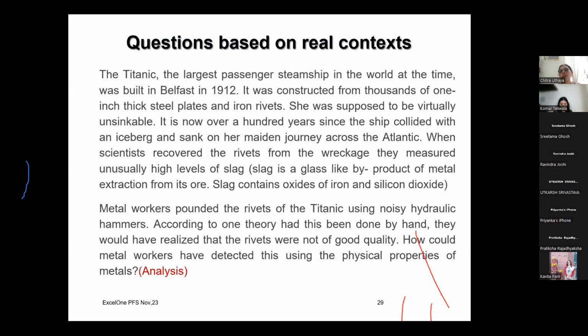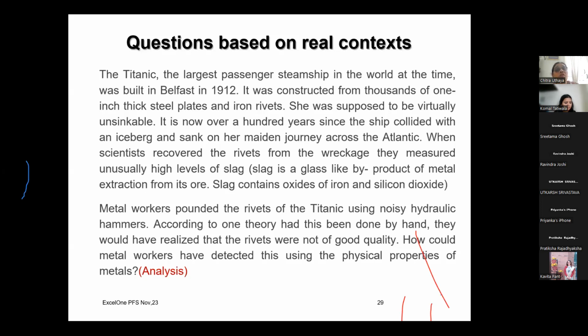Here I've taken an example of the Titanic. You can read it. The Titanic, the largest steamship in the world at that time, was built in Belfast in 1912. It was constructed from thousands of steel plates and iron rivets.